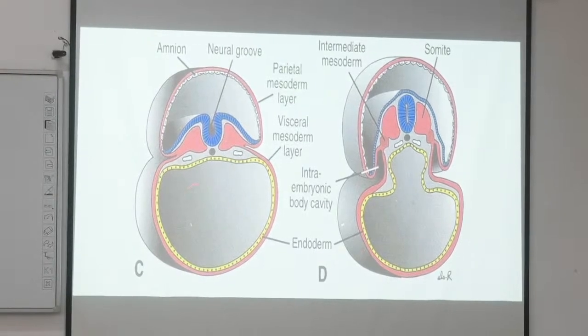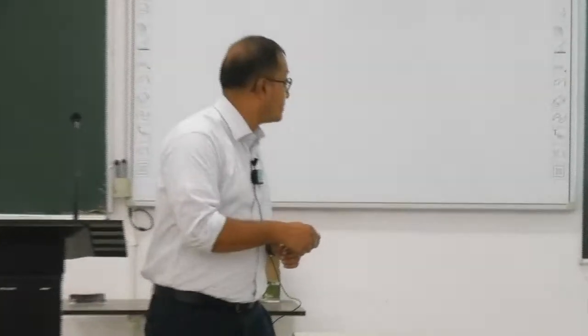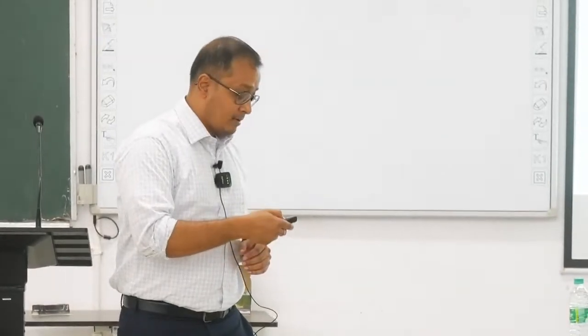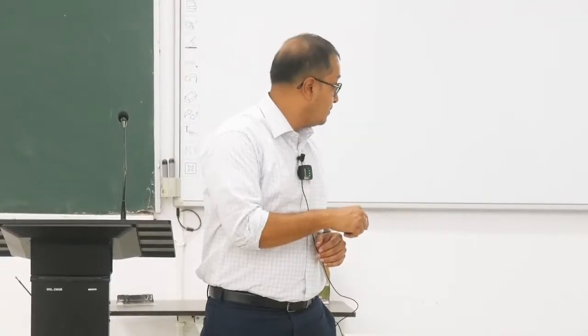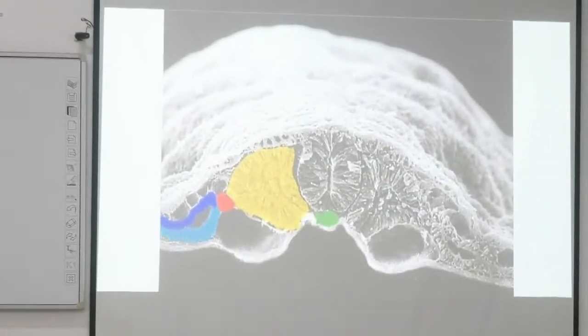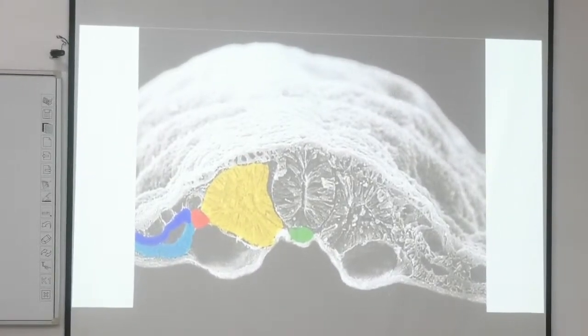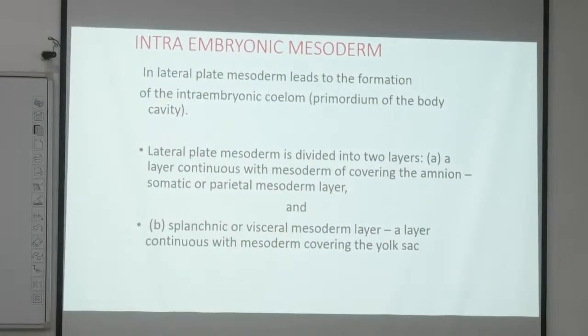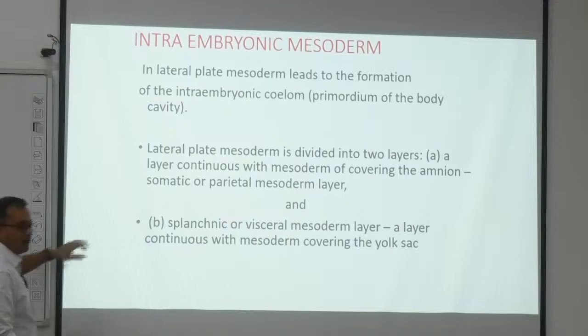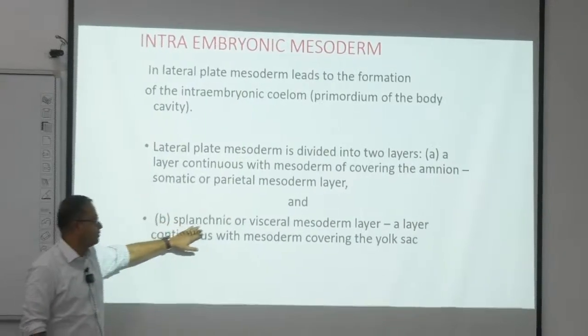So we are left with three mesoderm parts which are transformed over here: paraxial mesoderm, intermediate plate mesoderm and lateral plate mesoderm. Within this lateral plate mesoderm we have the intraembryonic body cavity, which splits into two layers. We call them the somatic layer or parietal layer of mesoderm, and the splanchnic layer, the visceral layer.